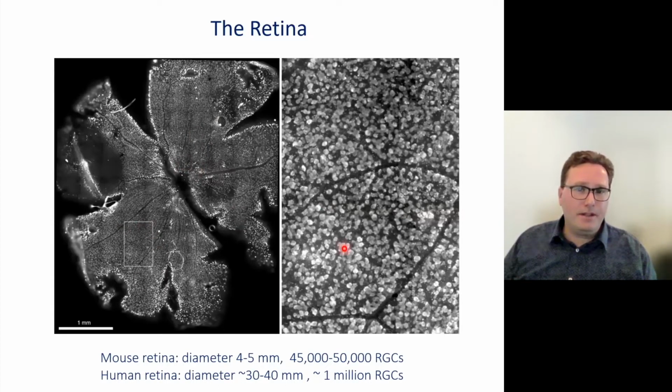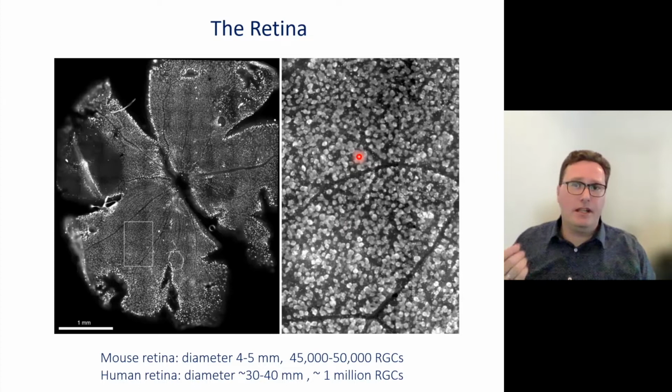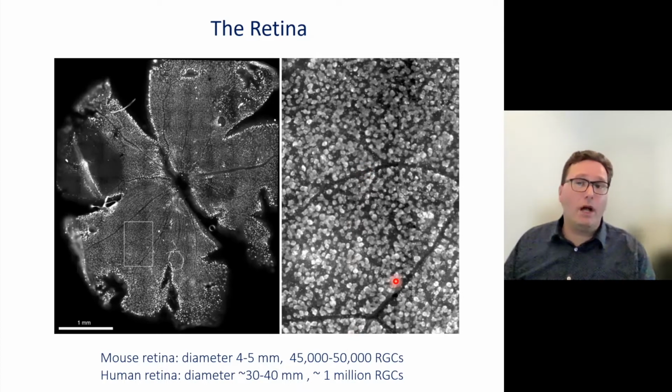If you zoom in a little bit, you see all these cell bodies here are ganglion cells. It's a special antibody that only labels ganglion cells. And you see how much information is potentially coming out of that retina. And this is only a mouse. In a human, we have 1 million ganglion cells that send information every split second to the brain.